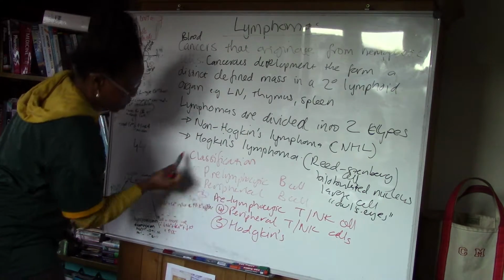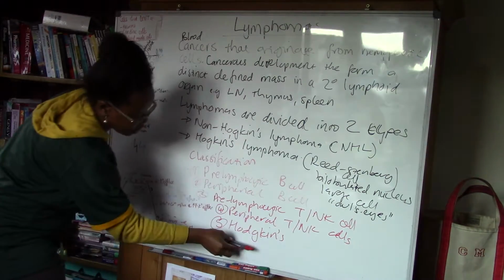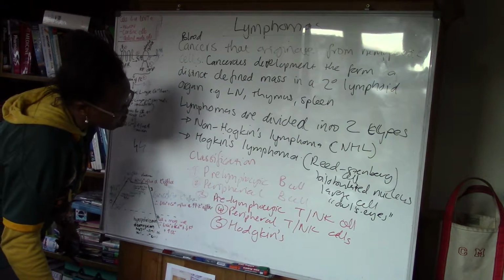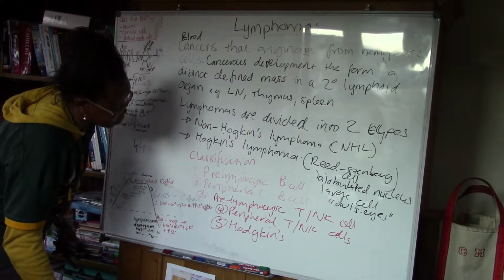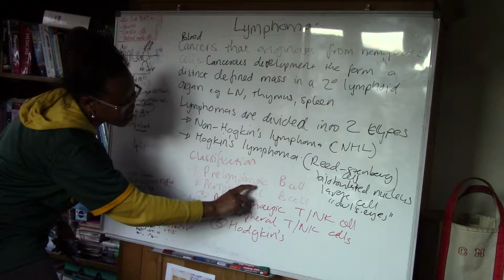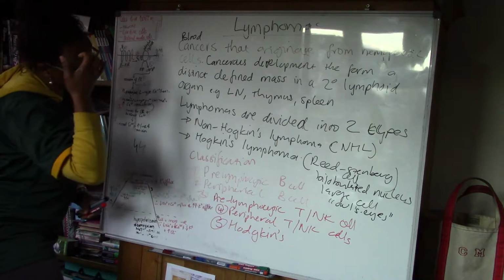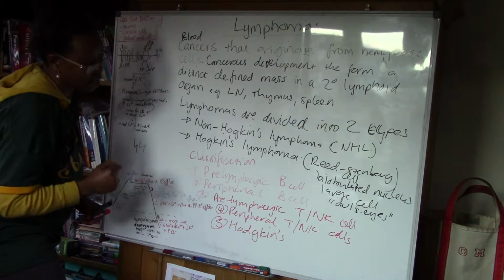So these are obviously the non-Hodgkins, and then this is the Hodgkins. And then another thing is that the pre-lymphocytic are really closer to being a blast cell.